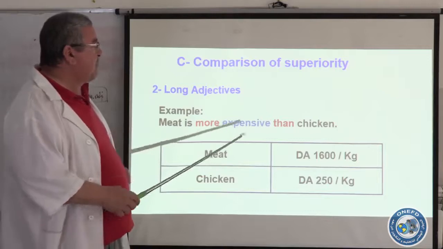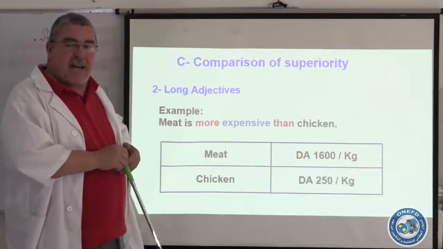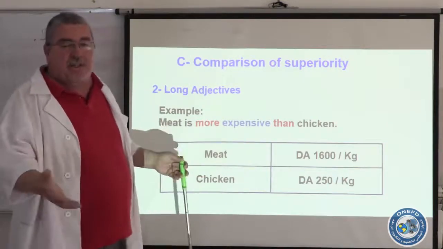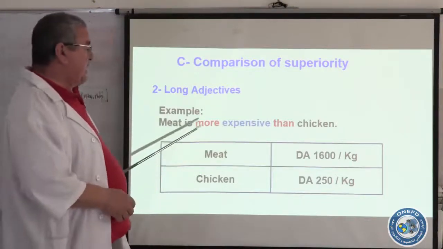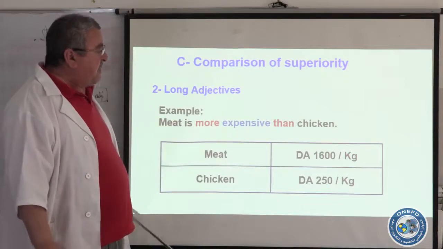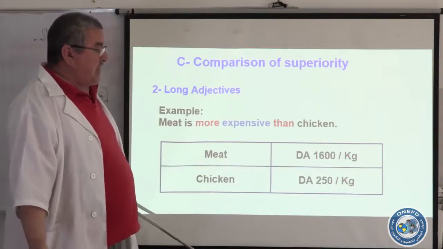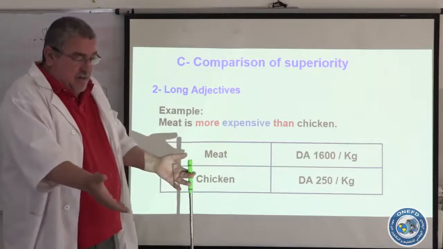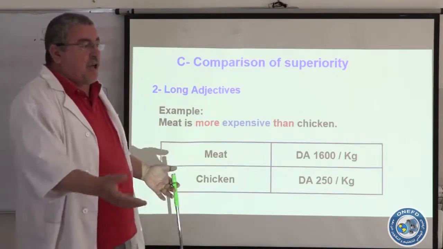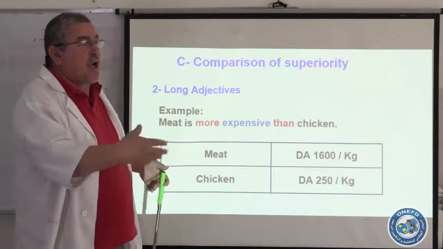Meat is more expensive than chicken. You all see this in our markets. Why do we say this? Of course, again, we rely on information, on things that we know every day.